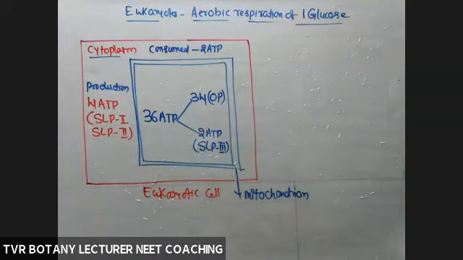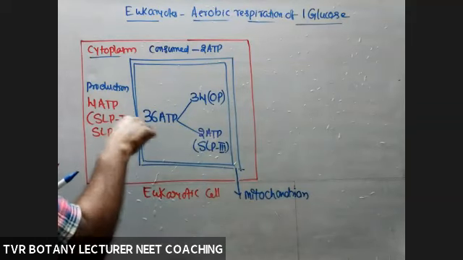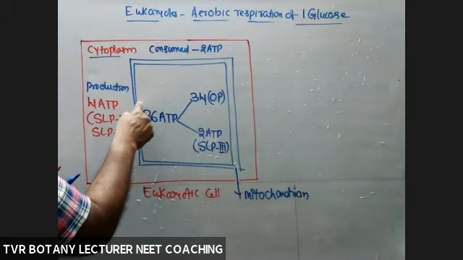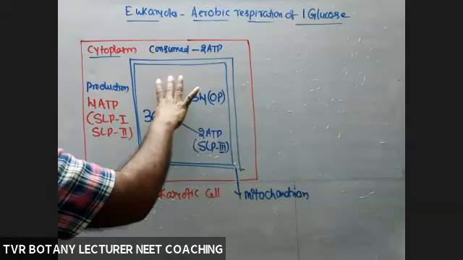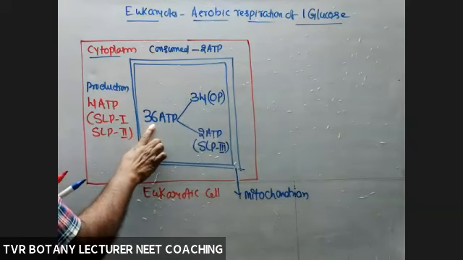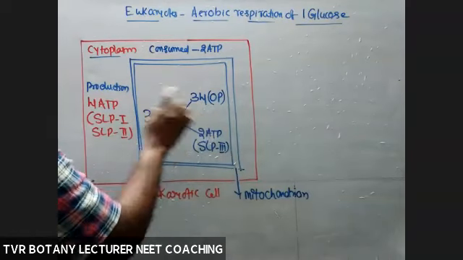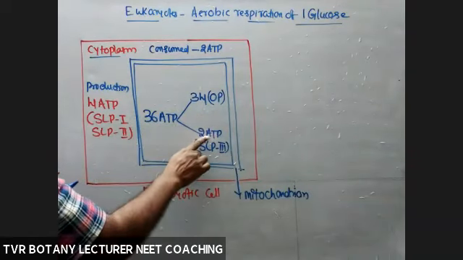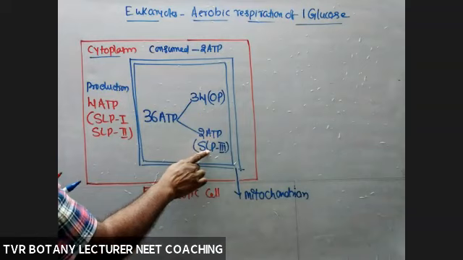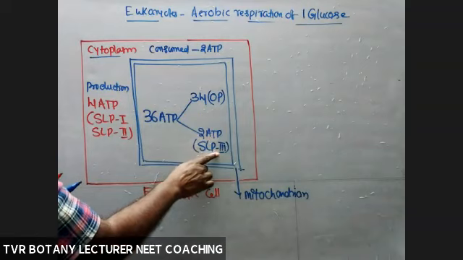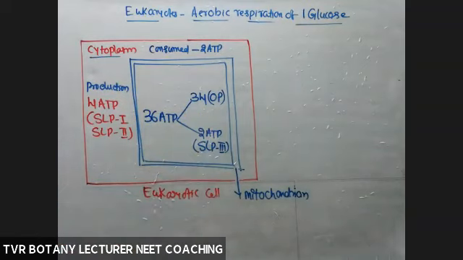So if they ask you, in the case of eukaryotes, how many ATP are produced inside the mitochondrial matrix? 36 in total: 34 by oxidative phosphorylation with the help of the electron transport system, and 2 ATP molecules through SLP, the third one, during the TCA cycle.